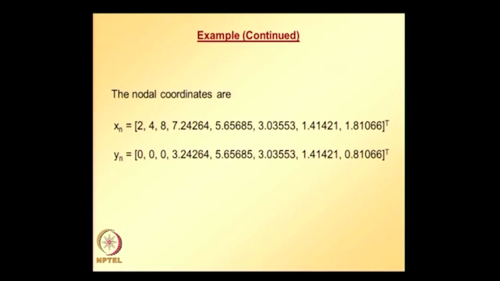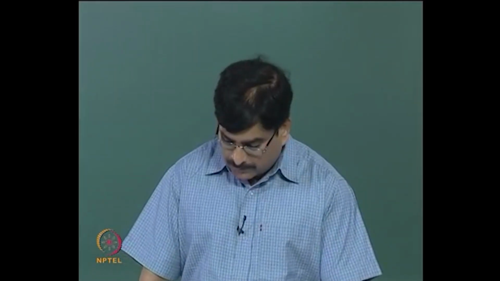So, same steps which we followed for 4 node element, except that now we need to take shape functions of 8 node parent element before we proceed with writing isoparametric mapping expressions.